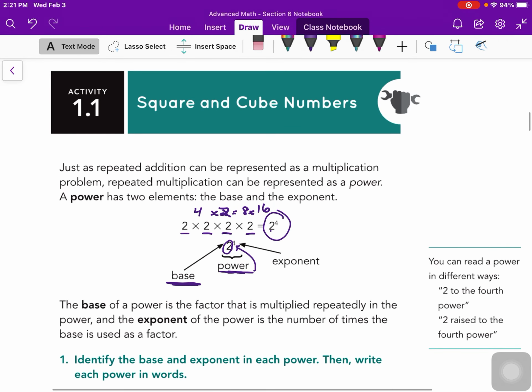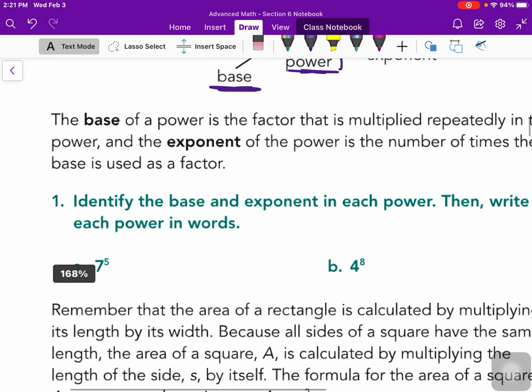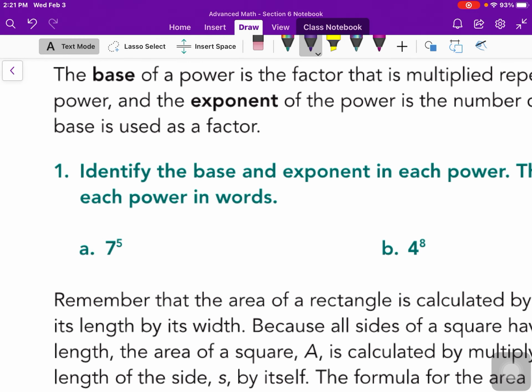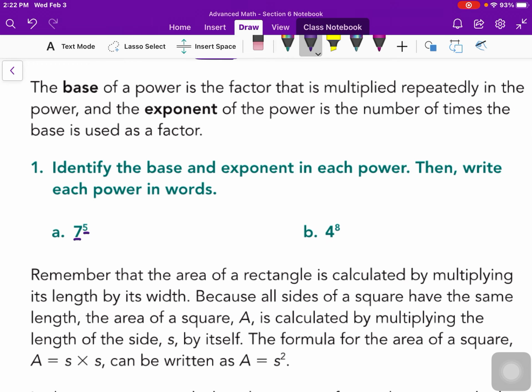We're going to start to see them a little bit more. The main thing to remember with exponents is that it's not multiplying. In this case, it wouldn't be multiplying 7 times 5. It's saying 7 multiplied 5 times. So it says identify the base and the exponent in each power, then write each power in words. The base in this one would be 7, that's the big number, and the exponent would be the 5.